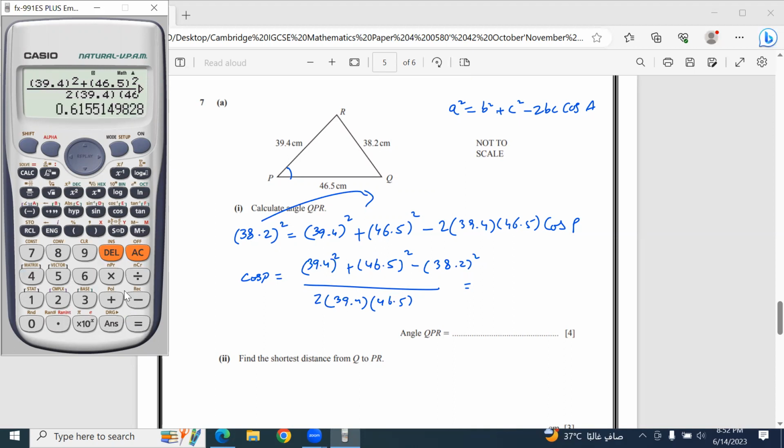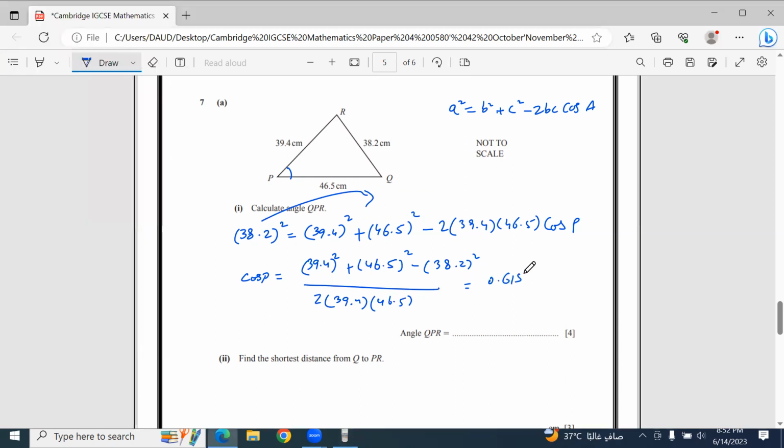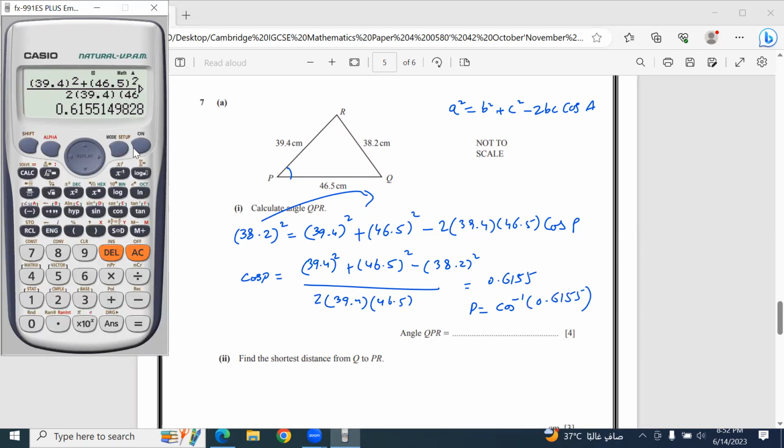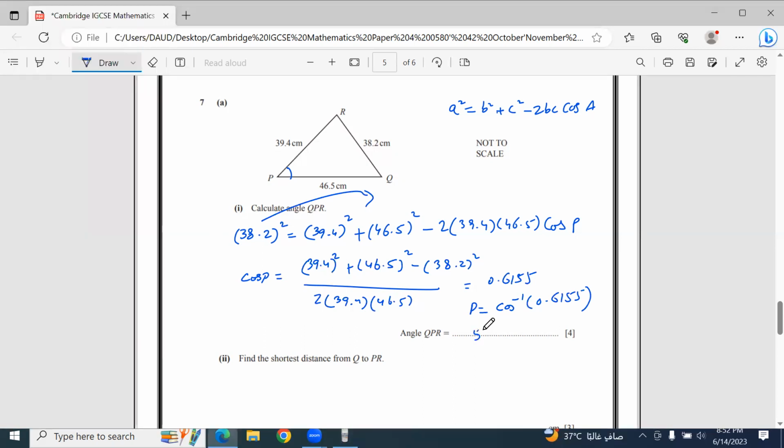It gives me 0.6155. We are looking for the angle, so P equals cos inverse 0.6155. Using shift cos inverse, that gives me 52.0, so we can say 52.0 degrees.